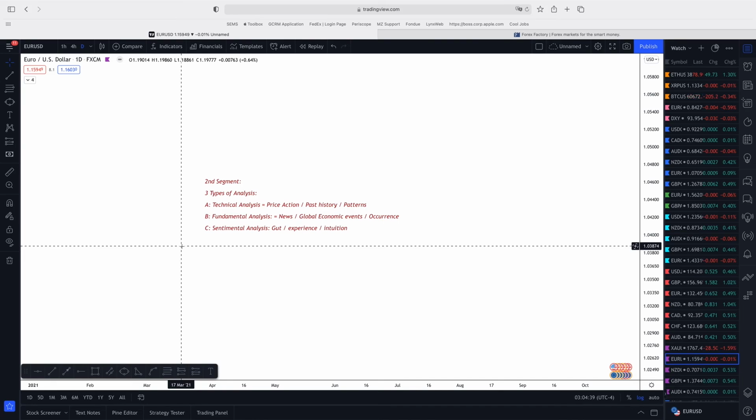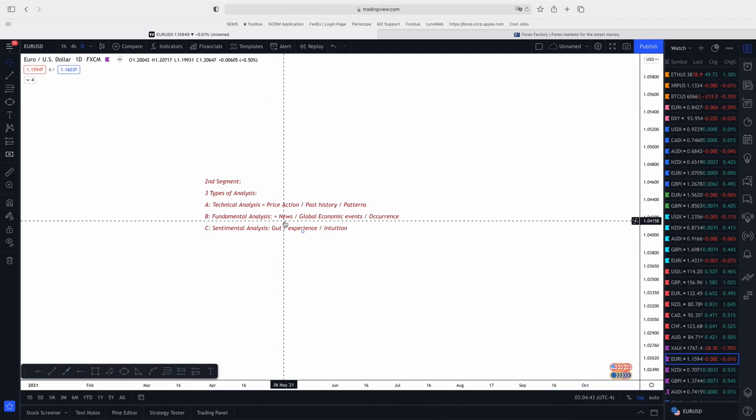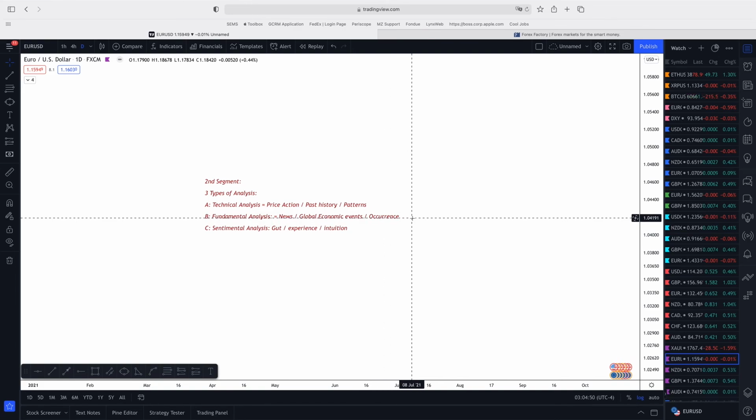Your fundamental analysis is news events, global economic events, and different occurrences within politics, within media, within health, any type of occurrence that can have an impact on the economy that will affect the price movement of different currencies.